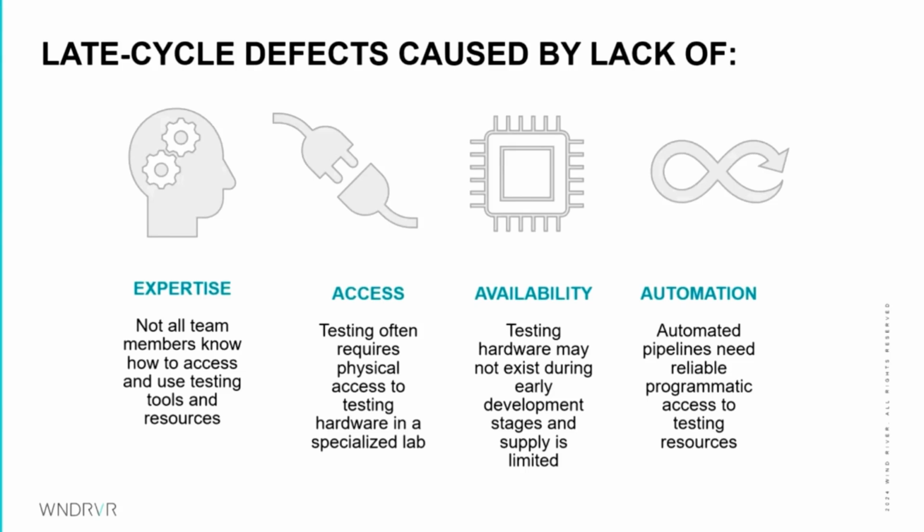Limited hardware resources are another hurdle. Budgets or logistics might restrict the number of testing rigs available to the team. Think of expensive, specialized equipment and not enough units to test everything at once. This scarcity can lead to teams skipping tests or insufficient test coverage, leaving issues undetected until later.